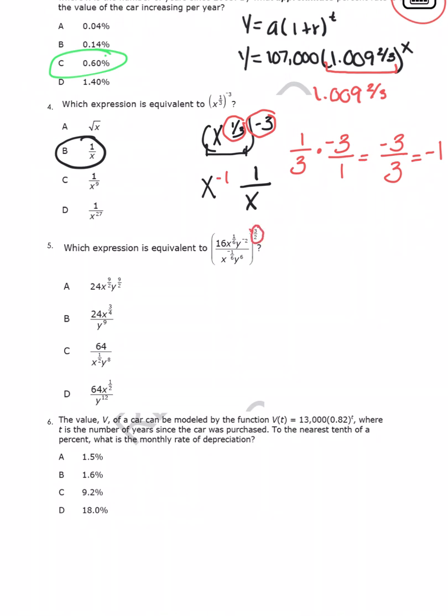So this 2/3 is going to go to every single thing on the inside. We're going to have 16 to the 3/2 power, and x is going to end up being multiplied by 3/2.